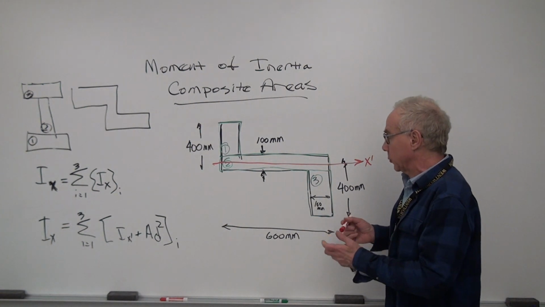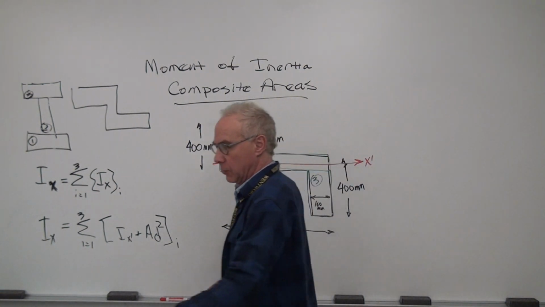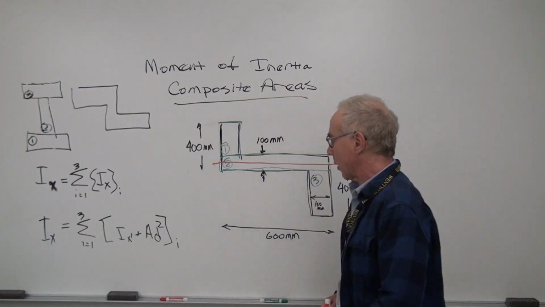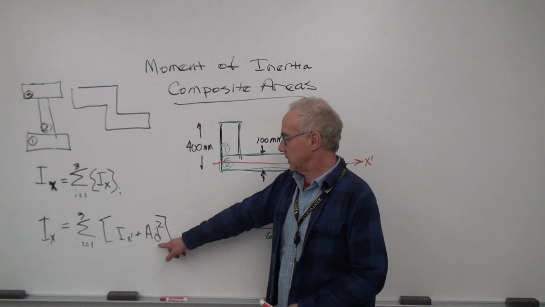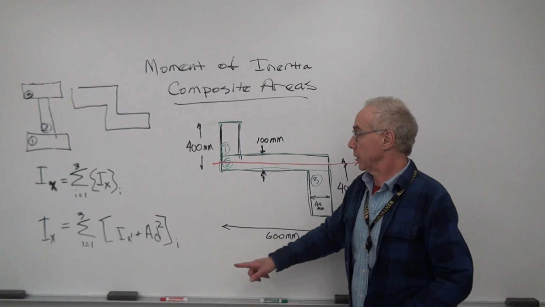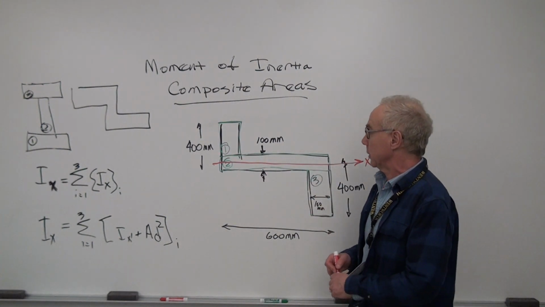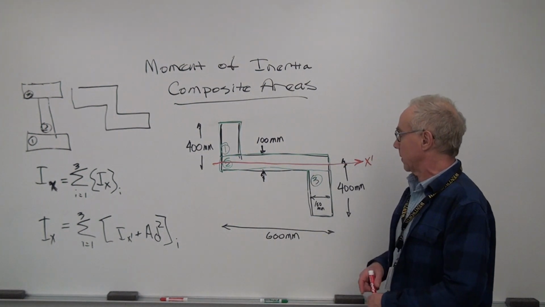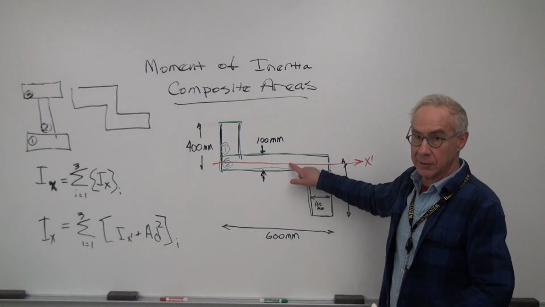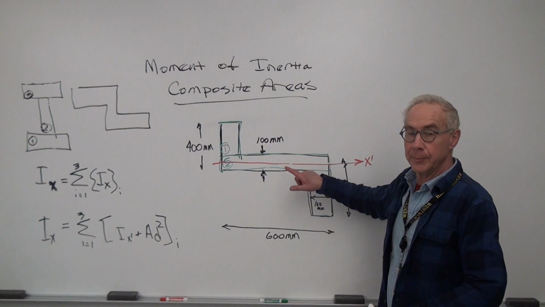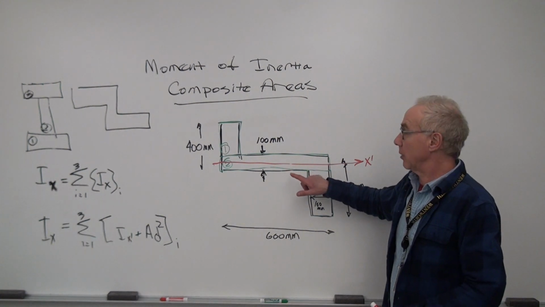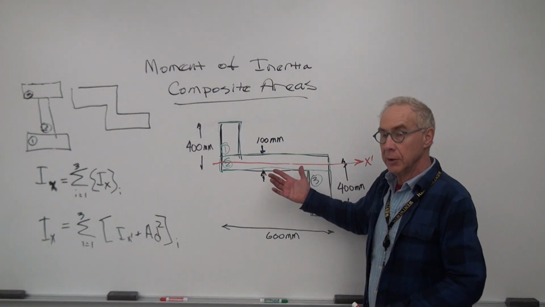And almost the trickiest part, the part that throws off many students, is how to evaluate this d value for each of our components that make up our composite area. And what it is, it's the distance between this axis and the centroid of each of the individual components.